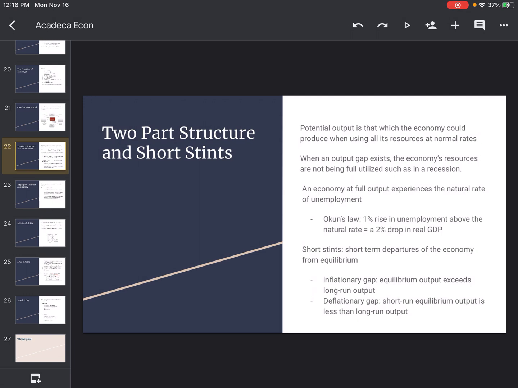And then the deflationary gap is when the short-run equilibrium output is less than the long-run output. So if it's under the long-run standard, then it's just a certain group underperforming in a particular subject area. Again, you can tie this back to the production possibility curve, or PPF, if you'd like, because that definitely makes it a lot easier to visualize.